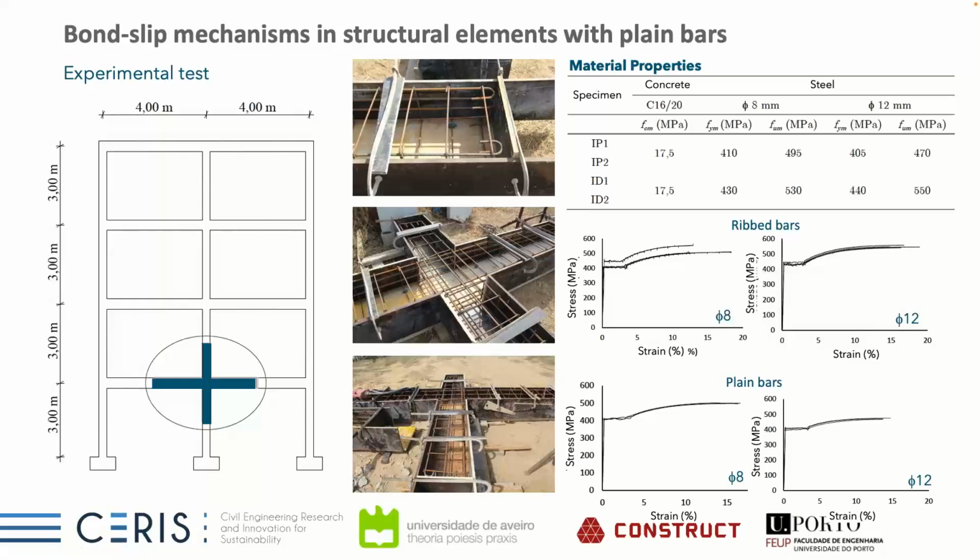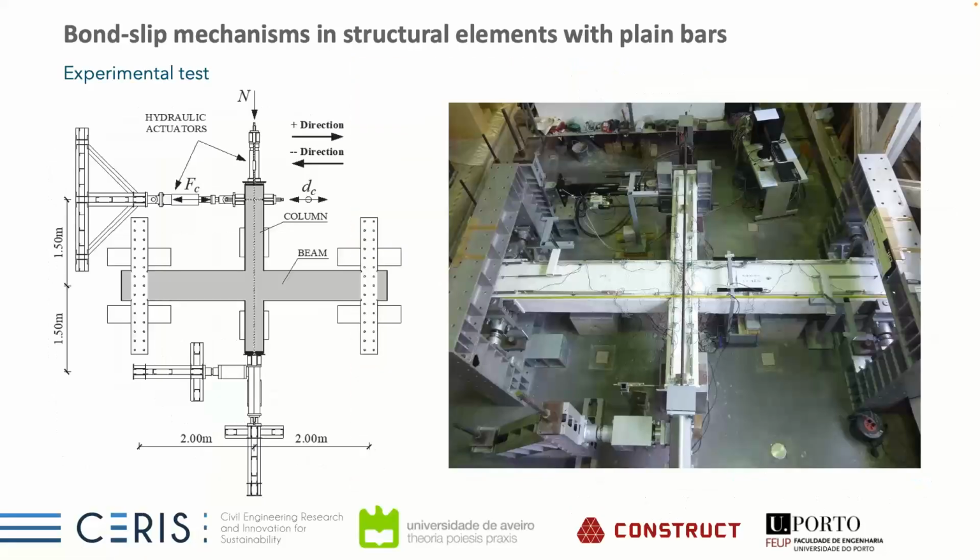So after constructing the specimens we have implemented in the lab, this is the experimental test setup used. It will be important to understand later on the numerical model. So we have here the beam column, the test is performed in the horizontal way. So this is the beam and this is the column. We have here the application of the axial load, which we use 2 levels of axial load. I will explain in the next slide.